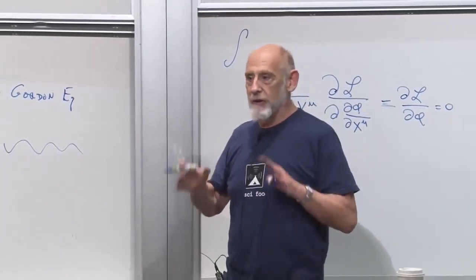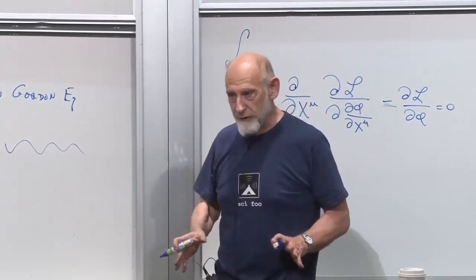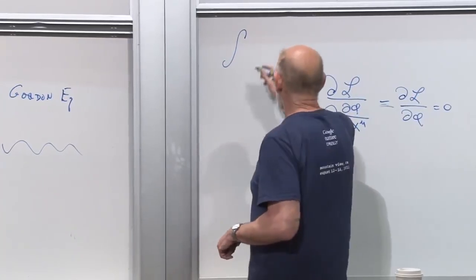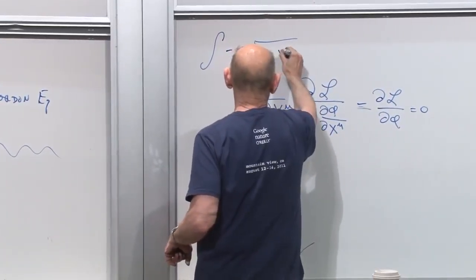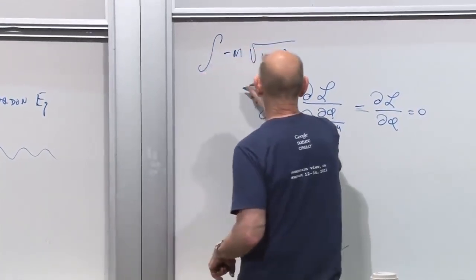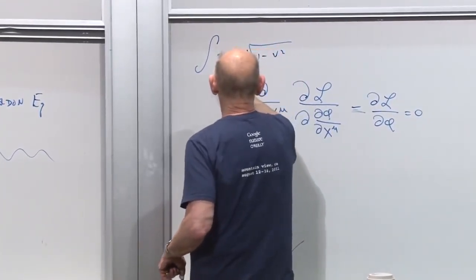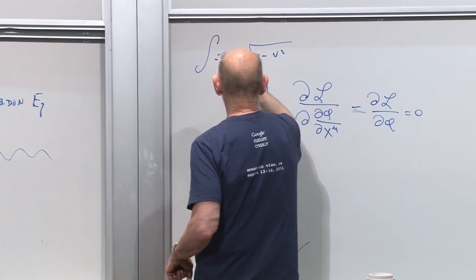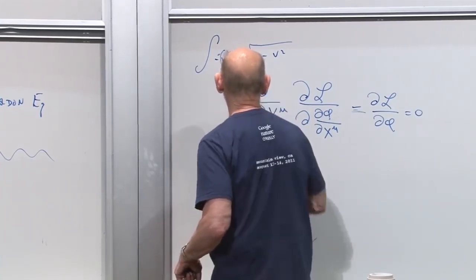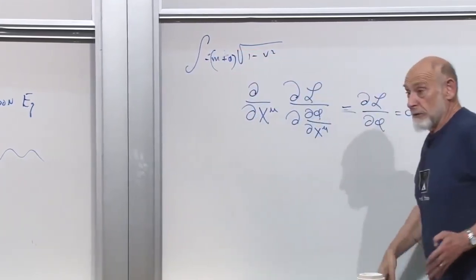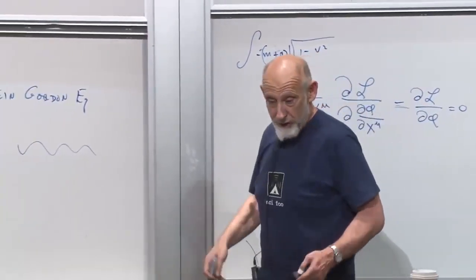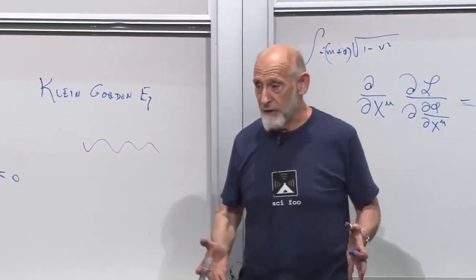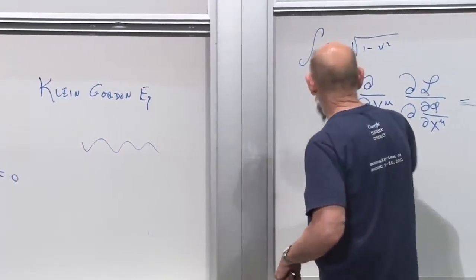The rules are that it should be relativistically invariant and fairly simple. So we generalized this thing times the square root of 1 minus v squared, and put in minus m plus phi. That's a guess. That's something you can write down. Can you think of anything else? Yeah, you can think of lots of other things. But this is one thing you could write down.